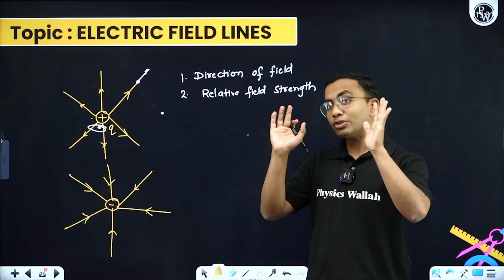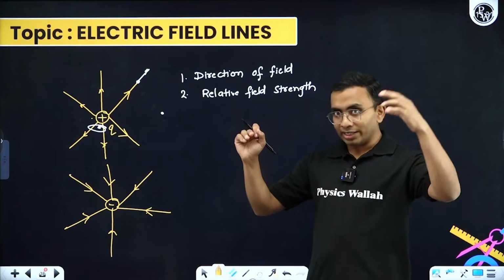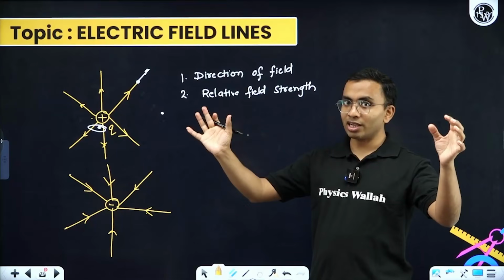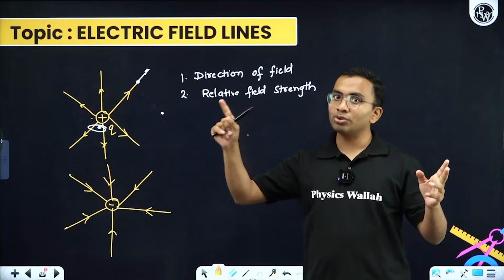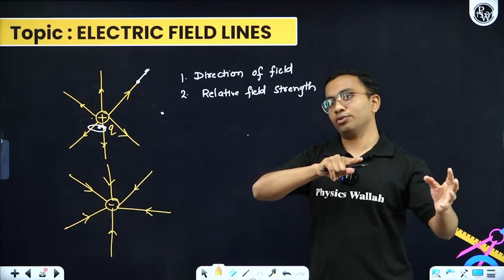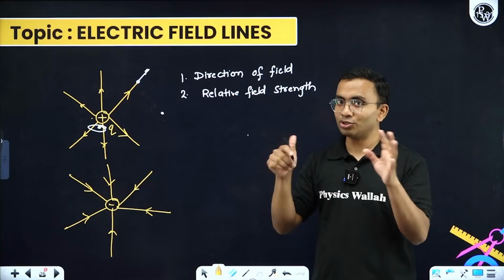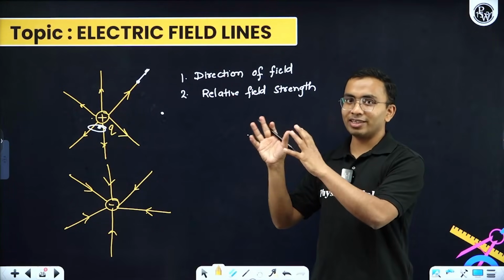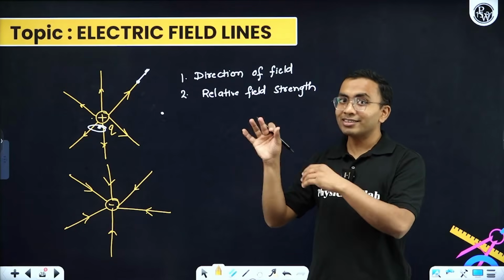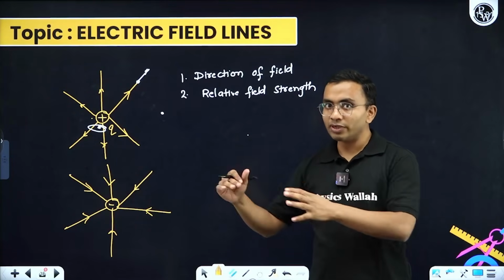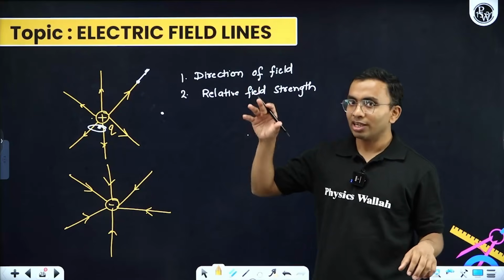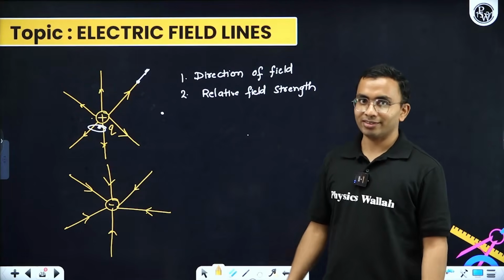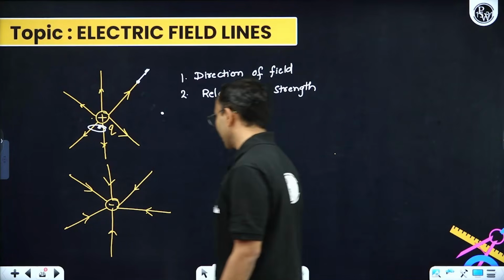But if we are showing two charges, one having q and another 4q, the number of lines for 4q must be 4 times that of q, because the representation should show that this charge is 4 times. If you draw 10 lines for q, for 4q you have to draw 40 lines, 4 times of that.